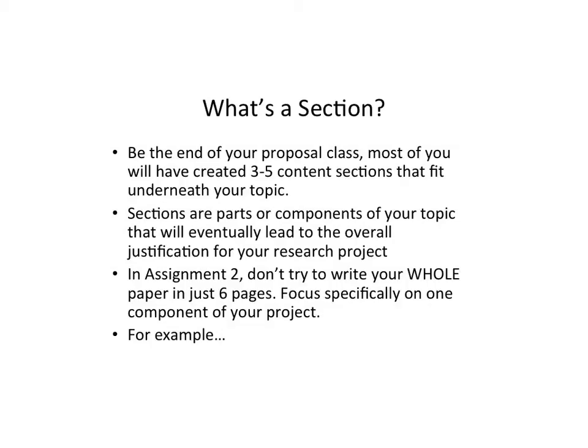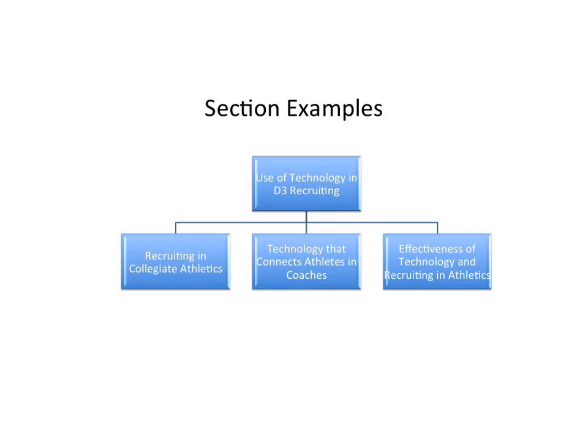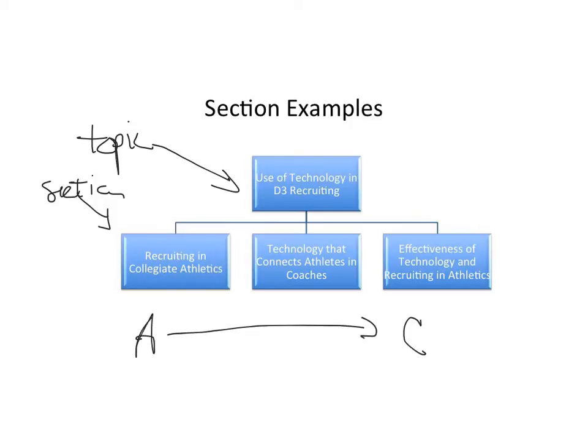For example, here are some potential sections. Up here, I have a couple of examples. This is a student's topic, and then here are potential sections, approximately 3 sections, that the student could use. Notice this is going to go from allied to critical, and you're going to see that for all the examples I provide.